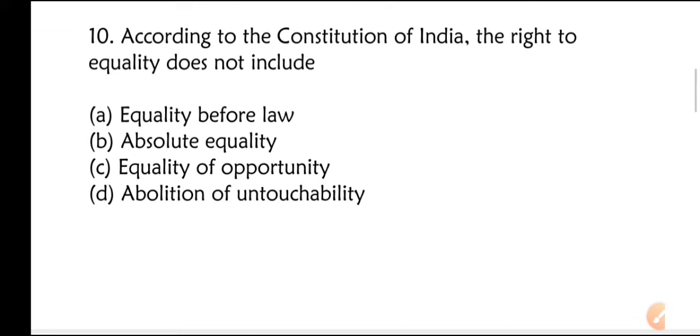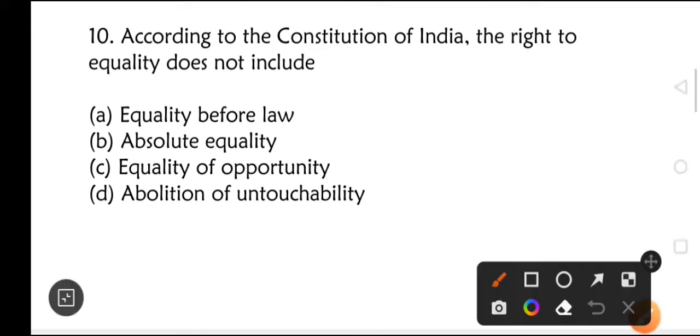It includes equality before law. Yes. Equality of opportunity. Yes, it also includes abolition of untouchability. Article 17 also is there. So correct answer is absolute equality. Okay, it is not in our constitution. Equality does not include absolute equality. There are some restrictions.